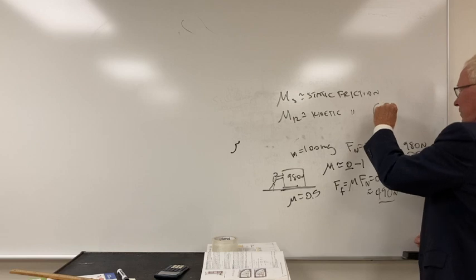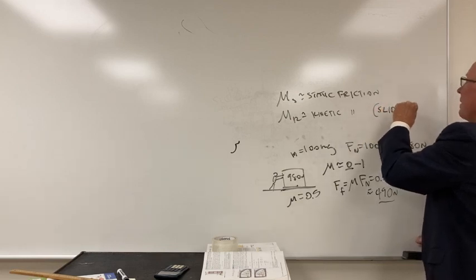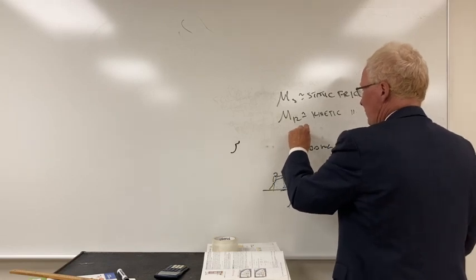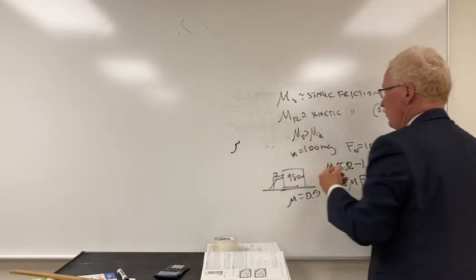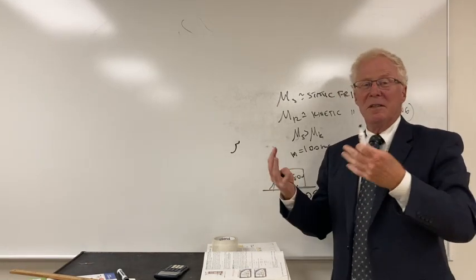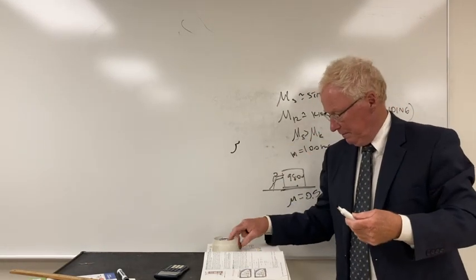We call it sliding friction, which is a better way to say it. And mu s is always greater than mu k. So it takes more effort to get it started, but once you get it sliding, it'll slide much easier.